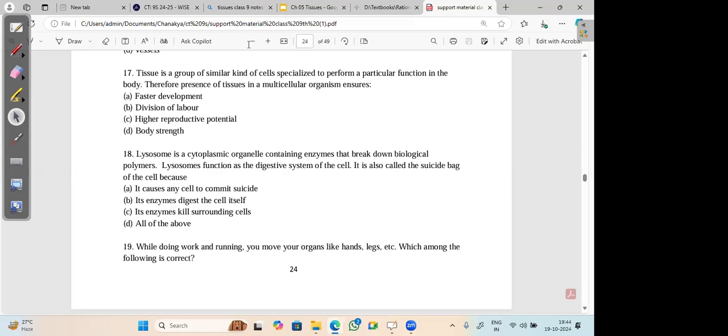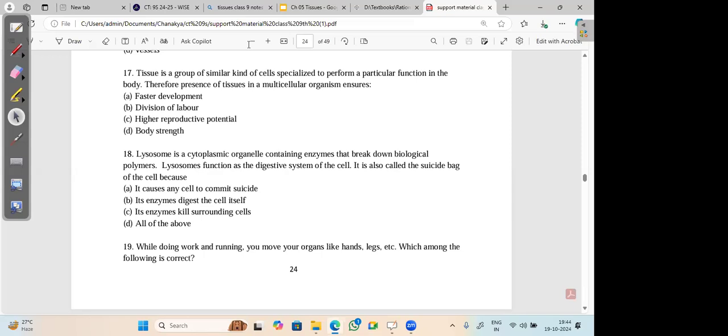The lysosome is a cytoplasmic organelle containing enzymes that break down biological polymers. So I think you have studied about lysosomes. Its enzymes digest the cell itself, right? Okay, so lysosomes, they are also called suicide bags, all right?